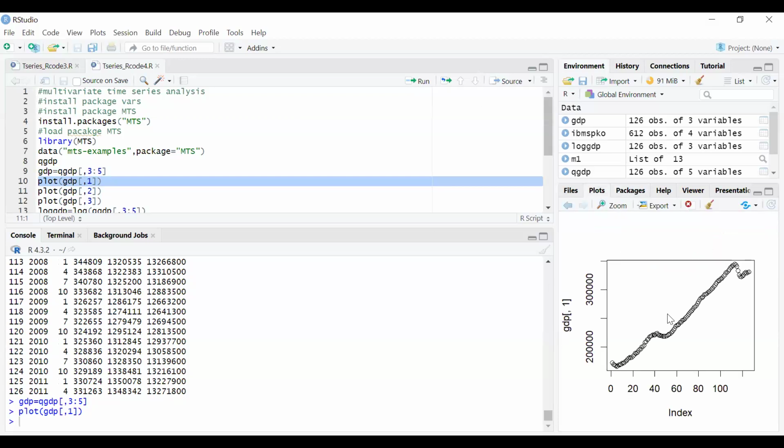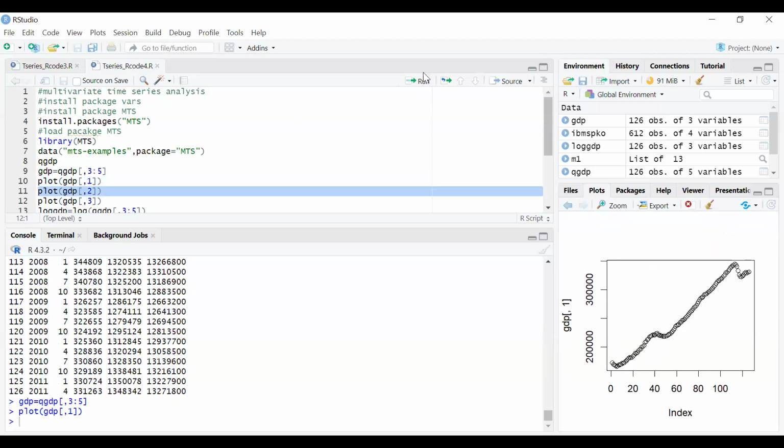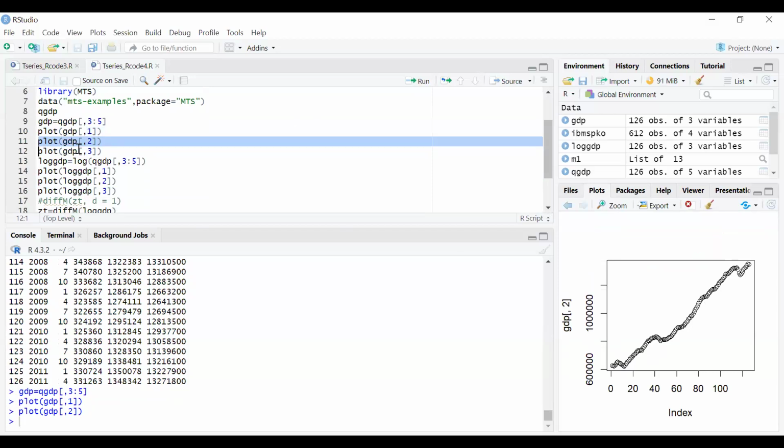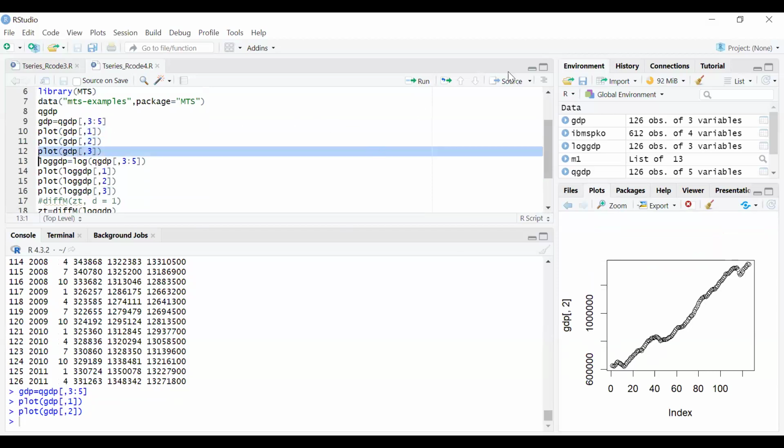This gives you the GDP for UK, the first one, the line number 10. The line number 11 also gives you GDP for Canada, and then the line number 12 gives us the GDP for US.